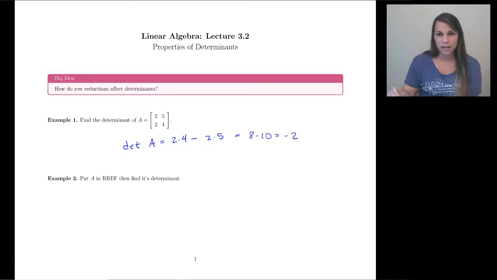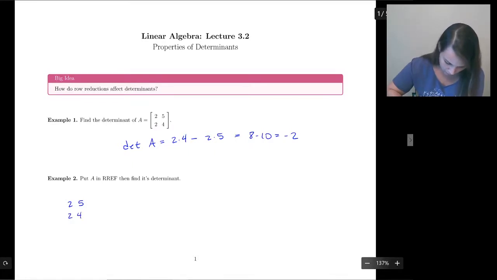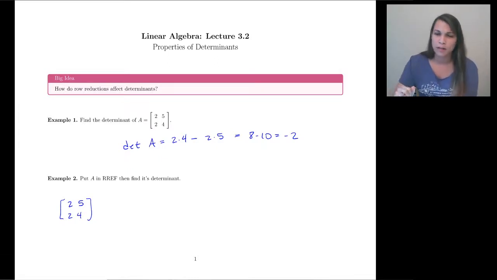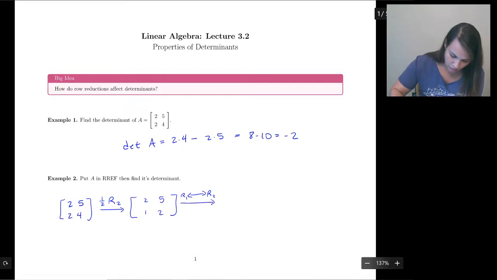Now we're going to put A in reduced echelon form, and find its determinant and just check out what it's doing. So we've got 2, 5, 2, 4, and you can't really subtract these to get a 1, but you can multiply the bottom row by a half, and I'm going to do that in order to get a 1 in my first entry. Then I'm going to switch my rows so that my 1 is sitting where I want it to sit.